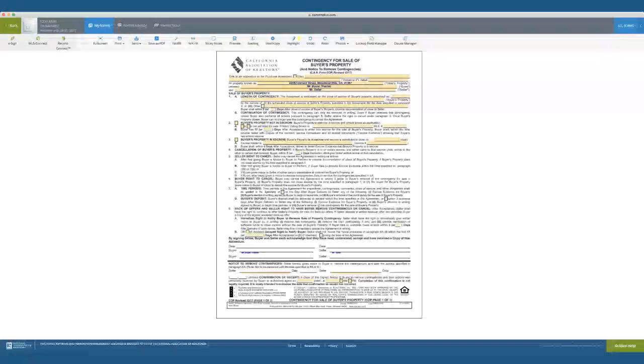And another thing I want you to do when you're doing this, I'm pointing out the time frames. The default time frames on this agreement for inspections, contingencies, and everything else are as specified in the agreement.